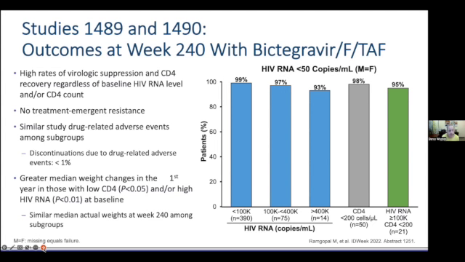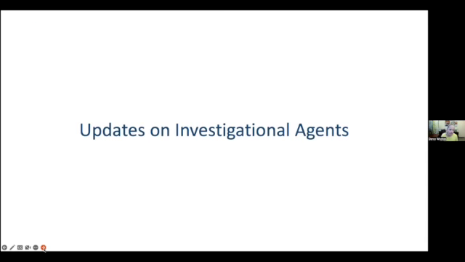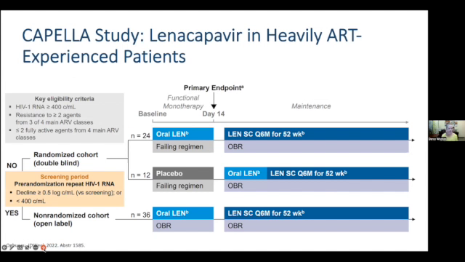This was, I think, an important update presented at ID Week 2022. So the take home from this is that BIC/FTC/TAF is effective for these atypical patients who are not always the ideal patient in clinical trials. And then finally, I will end with a quick update on one investigational agent, lenacapavir.